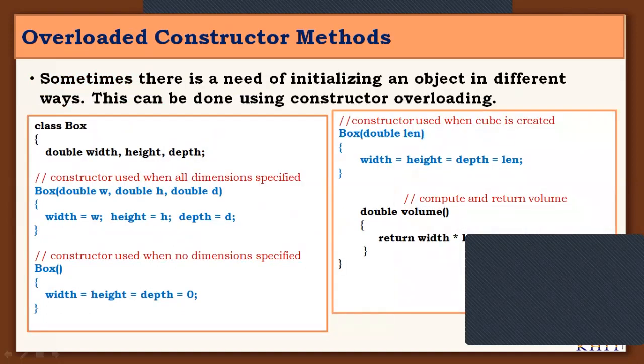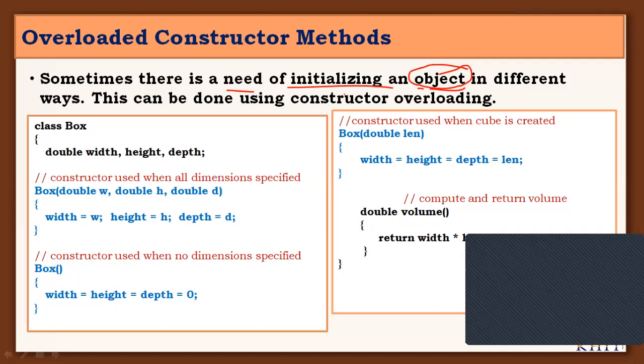Coming to overloaded constructor methods, sometimes there is a need for initializing an object in different ways. This is very important. We use constructors for creating objects as well as initializing objects. An object contains the instance variables of a class, and constructors are useful for initializing those variables.